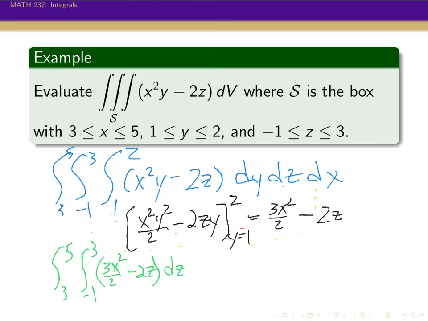And this is like any other double integral we've seen, two variables. So now we're integrating dz. 3x squared over 2 is going to become 3x squared z over 2 minus z squared.